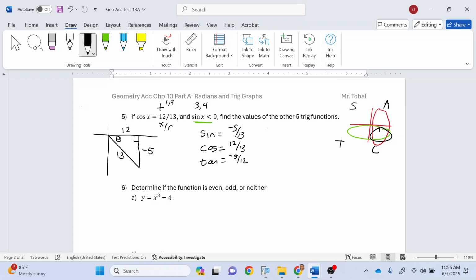And then we're just going to flip everything for the rest. Cosecant is negative 13 over 5. Secant is 13 over 12. And cotangent is negative 12 over 5.